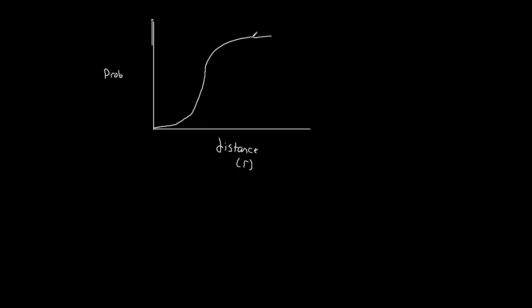So let me label this. This is expected. This is what you would get through complete spatial randomness. Now what we can do here is also plot our observed points. And our observed points might do something like this.